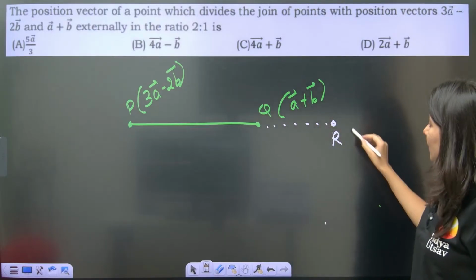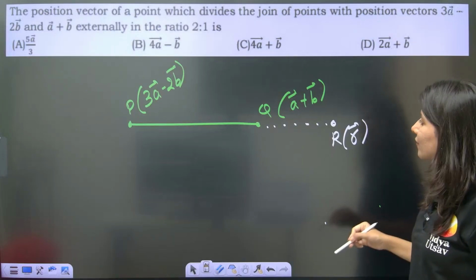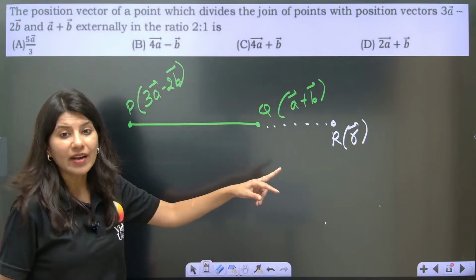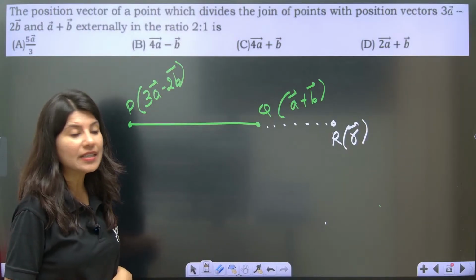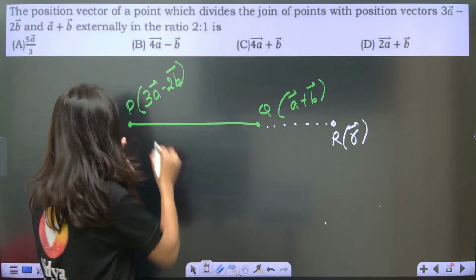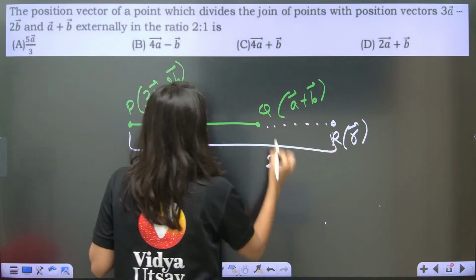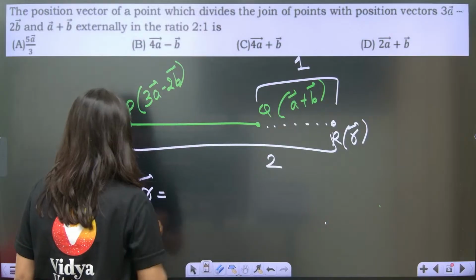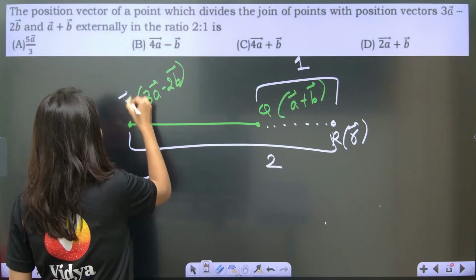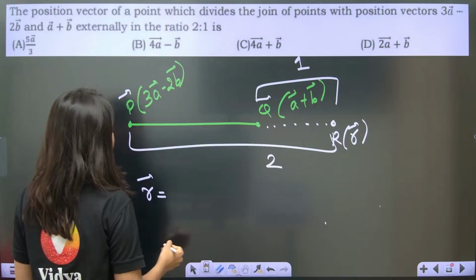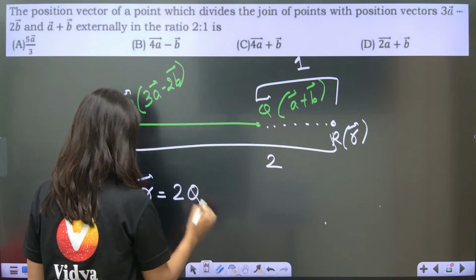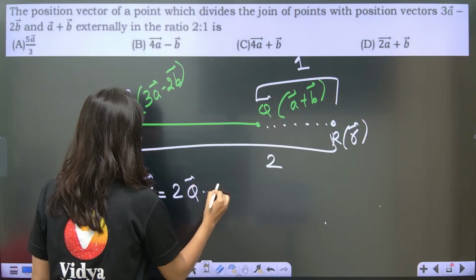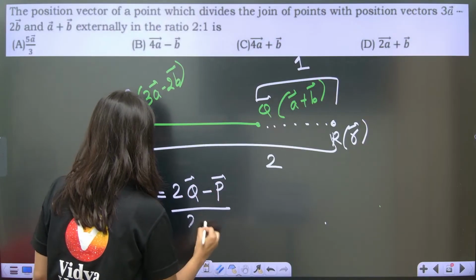This R vector is what you are looking for, which divides the line joining P and Q in 2:1 ratio. So basically this is your 2 and this is your 1. So the R vector will be 2Q minus P upon 2 minus 1.